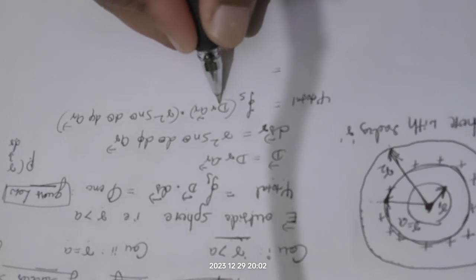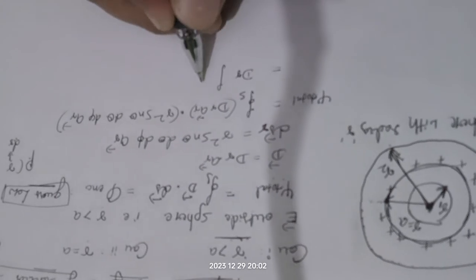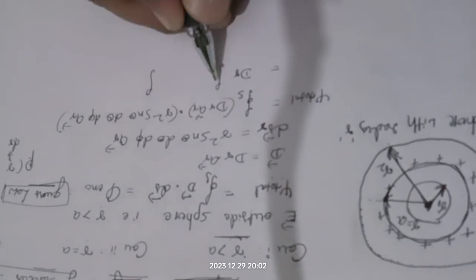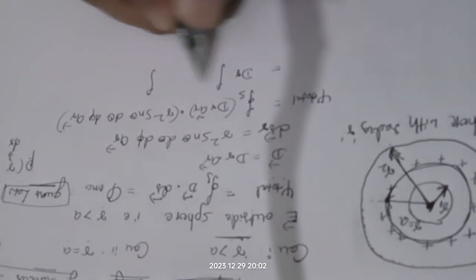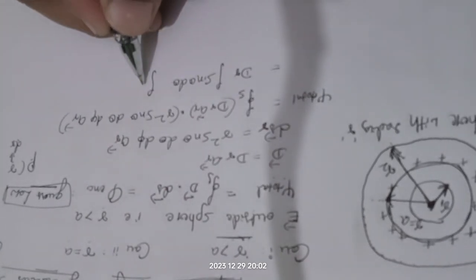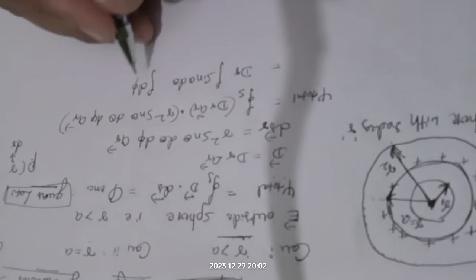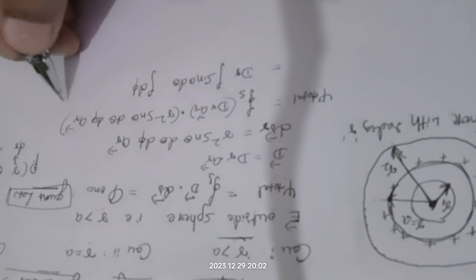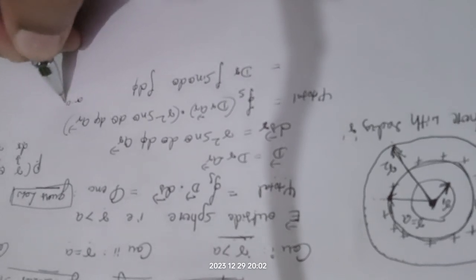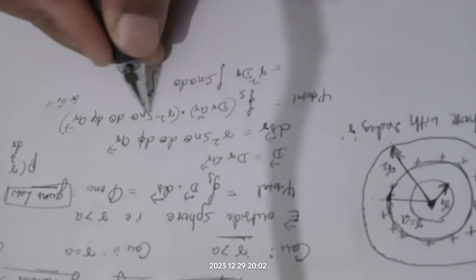After that, D_r I will take out. For the surface integral, we can write two integrations: one for sin theta d theta, the other for d phi. And this r squared you can also take out.